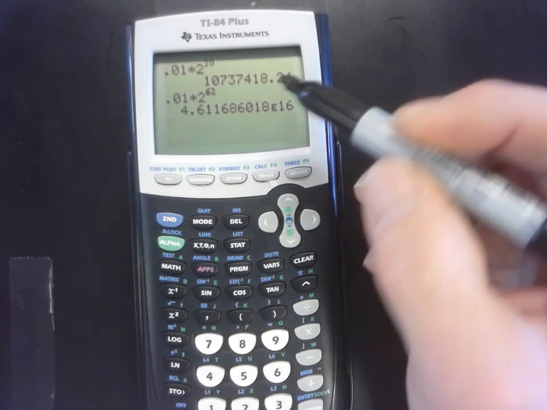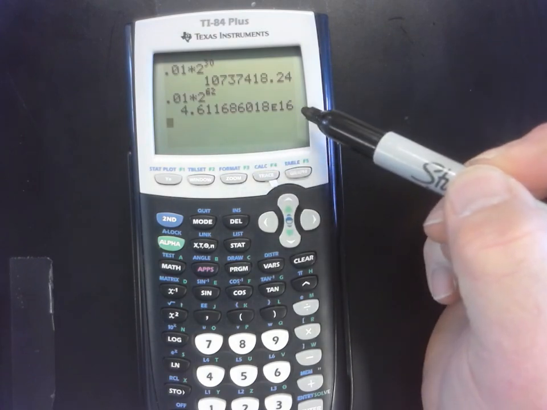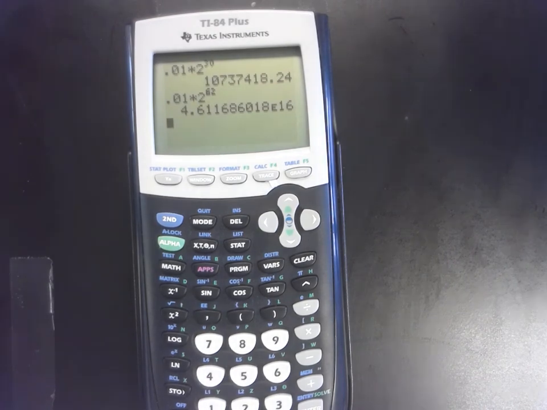What that means is the decimal needs to be moved over how many times? 16 times. So this E16 means times 10 to the 16th power. That means if you multiply this by 10 to the 16th power, that's going to move the decimal 16 places. Okay? So that's a fairly large number.